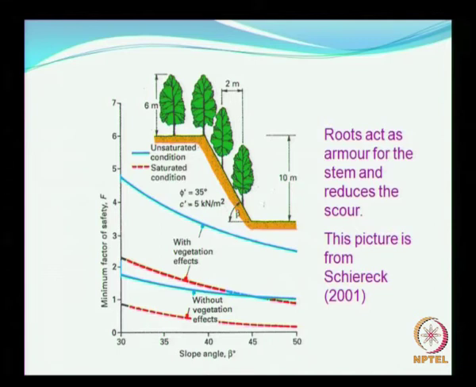He has brought out a nice book wherein he has given the slope angle beta for different slopes and the minimum factor of safety. This shows the vegetation effect. If you look at with vegetation and without vegetation, with vegetation it is higher.